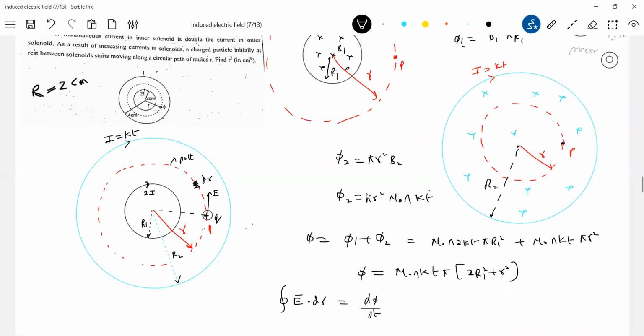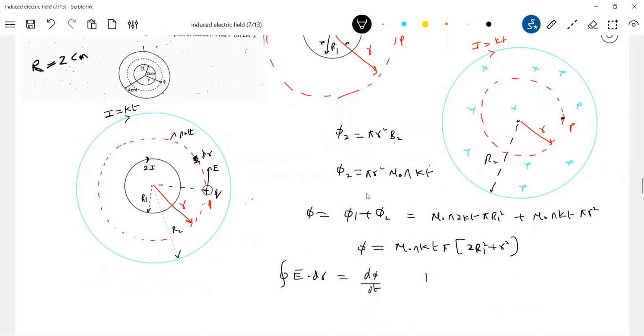So now what is E dr? So this should be E into 2 pi r is equal to mu naught n k into r1 square plus r square. Pi gets cancelled, so 2 will end up there.